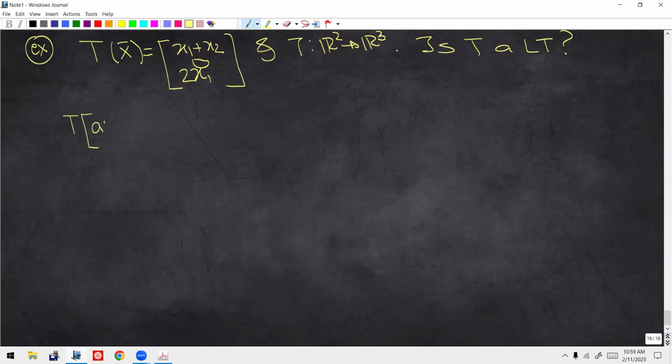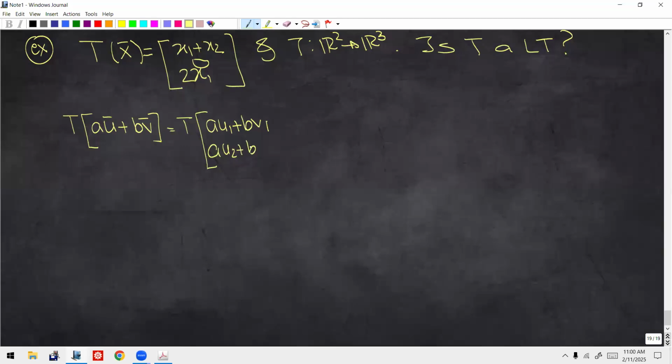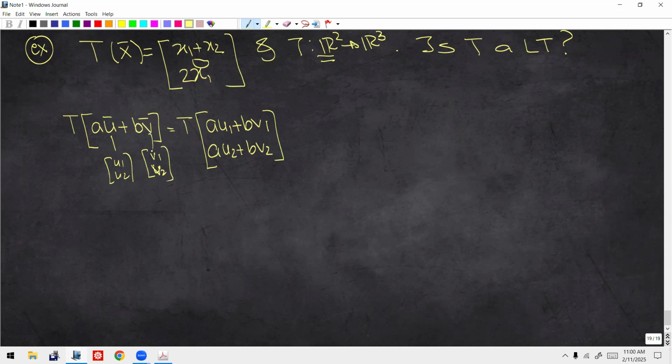So we get T of AU plus BV, which basically means T of AU1 plus BV1, AU2 plus BV2, if this is U1, U2 because it's in R2, and this is V1, V2, okay? And then you're adding them up.